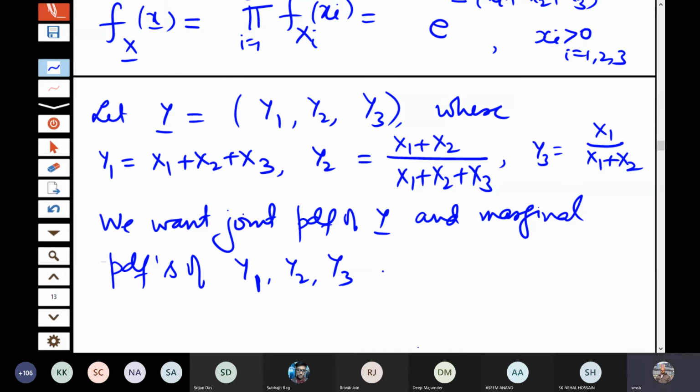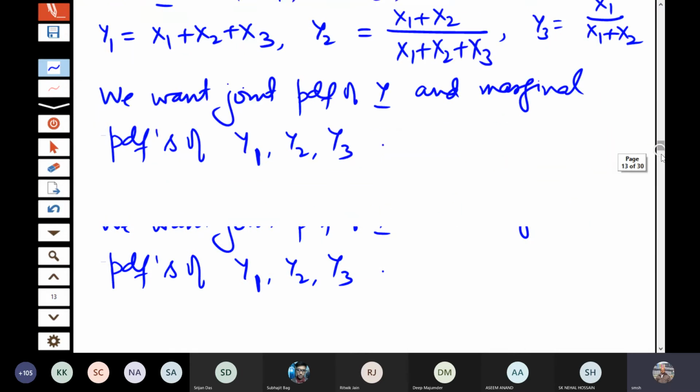Anybody? Because Y1 is the sum of independent random variables, for the sum we already have the MGF approach. The sum of independent exponentials was gamma, isn't it? That we have already done. Anyway, let us do the direct approach using the theorem that we have given.